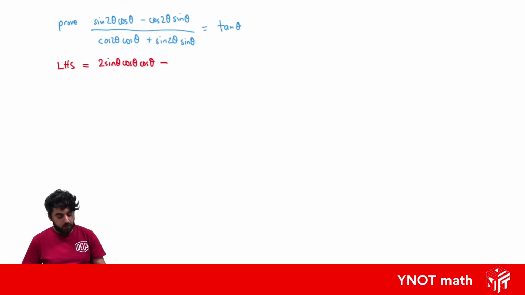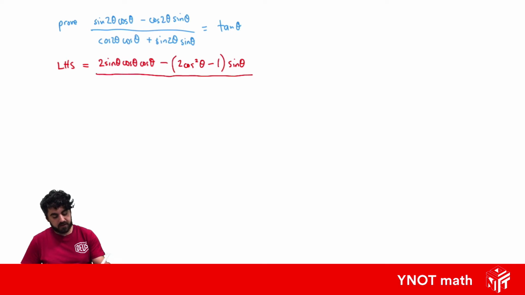The one that would most likely be nicest to use is one that's not involving sine, because if we expanded the sine with it, we'd end up with cubes. So we want to express it in terms of cos. So we can express it as 2 cos squared theta minus 1 times sine theta. This way we're not going to get any cubes involved. With the other two we would, because they're not as nice to deal with.